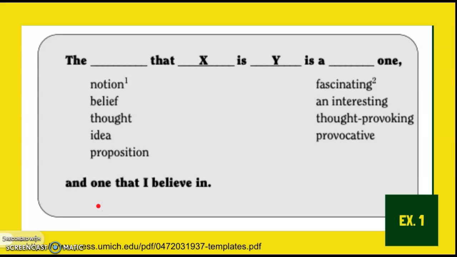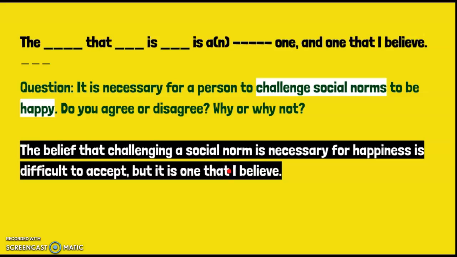So here is a template: The blank that is X is Y is a blank one and one that I believe. Here you see vocabulary words that you can put in the blank spaces, and there are four vocabulary words that you could put here. So how would that look for us?